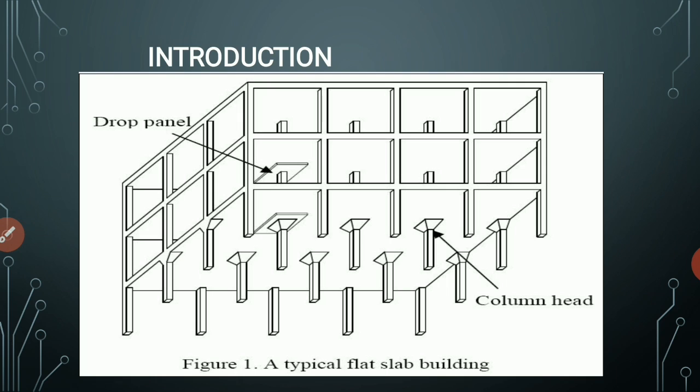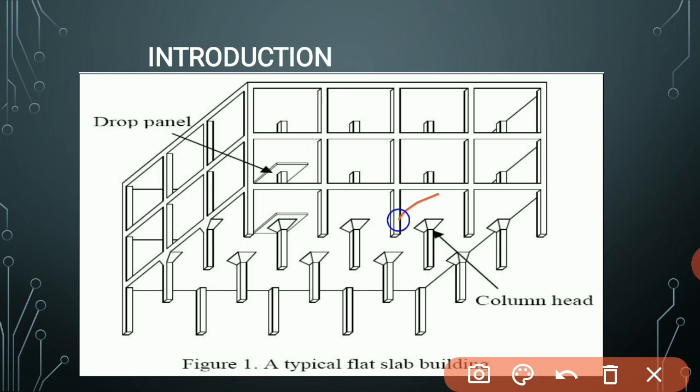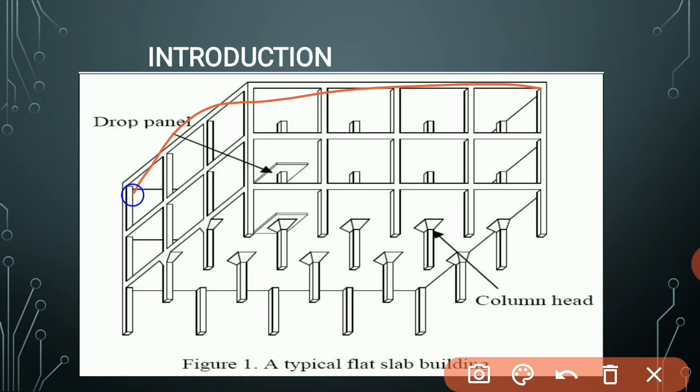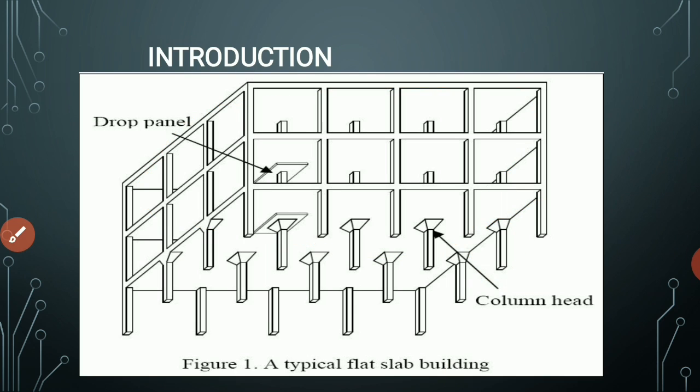Such enlarged portions of the column at the top are called column head or column capital. So these are the basic parts of the flat slab. It has one slab, and the main parts are the column and this column head or drop panel. Clear? This is the typical flat slab for a building.